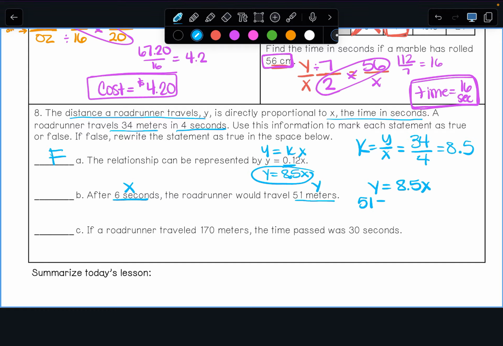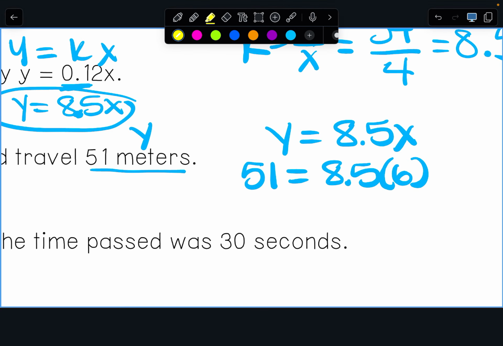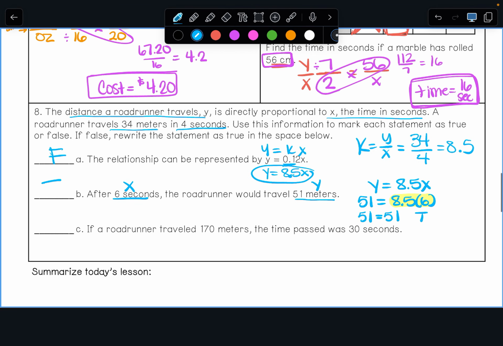So I'm going to plug in 51, 8.5 times 6, and solve. 8.5 times 6 gives you 51. And since 51 is equal to 51, that is a true statement. So this one is true.